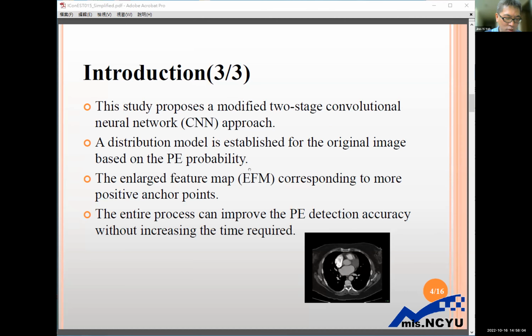The enlarged feature map, called EFM, corresponding to more positive anchor points with better quality, is extracted from candidate regions to facilitate the subsequent detection. The entire process can improve the PE detection accuracy without increasing the time required.